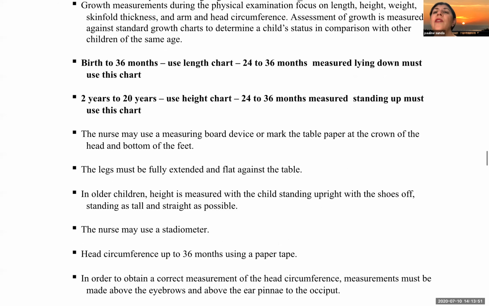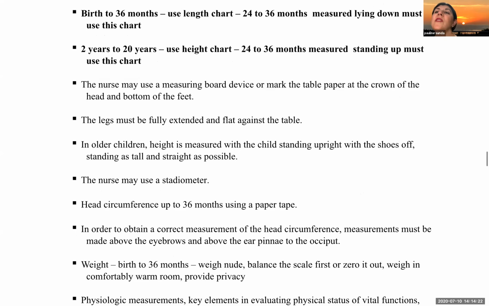So if you are utilizing the growth chart that is birth to 36 months, you need to use the length chart. So the child needs to be laying down between 24 and 36 months. If you are using the height chart for 2 years to 20 years of age, when the child is 24 to 36 months of age, you will measure them standing up.